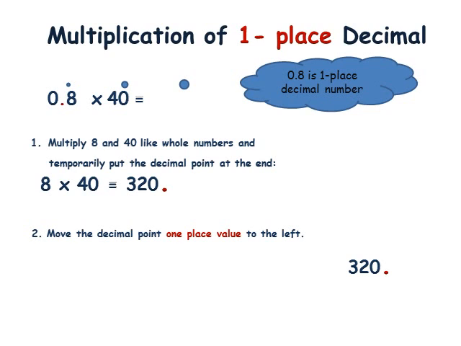So 320, where your decimal point is after 0, you move it one place value to the left, and that becomes 32.0. Therefore 0.8 times 40 is 32.0. So this is how to multiply two numbers wherein one number has a one place decimal.